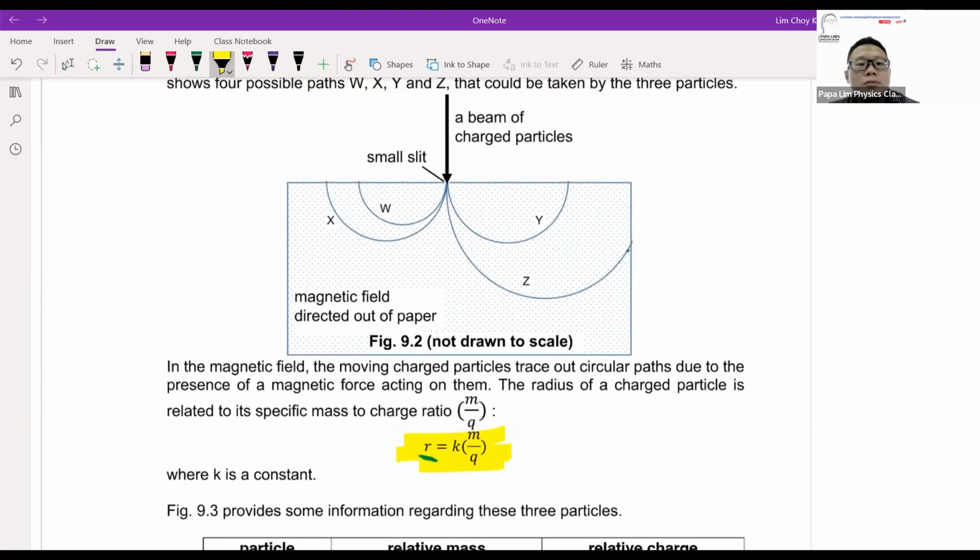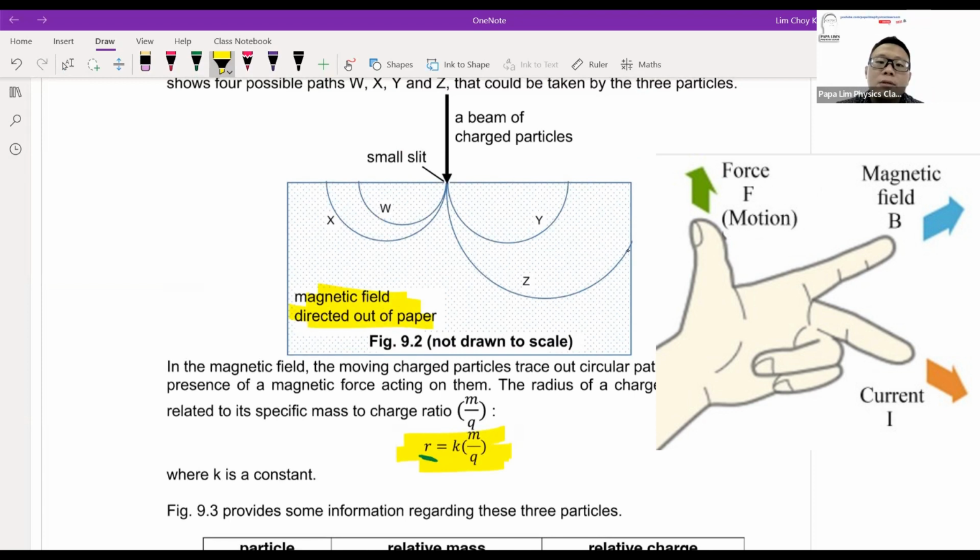Important thing we need to take note of is the field is pointing outwards. Which means if you use Fleming's left-hand rule, your index finger should be pointing upwards, out of the paper, and the beam is going downwards. Your positive charge going down means your middle finger should actually be pointing downwards. Out of the paper means the magnetic field is out of paper.